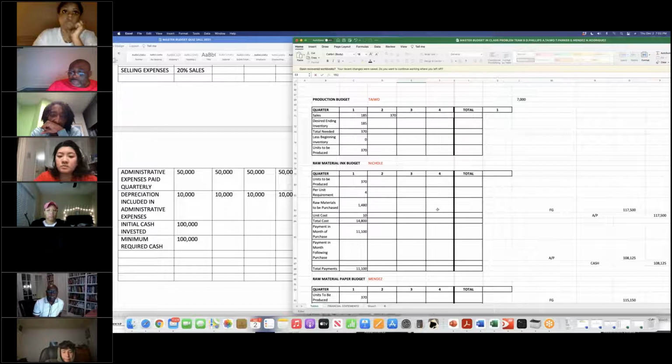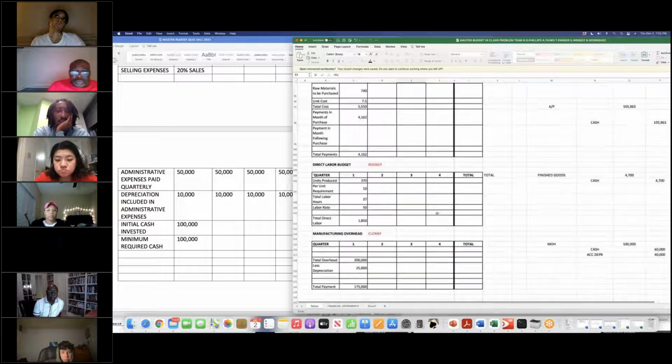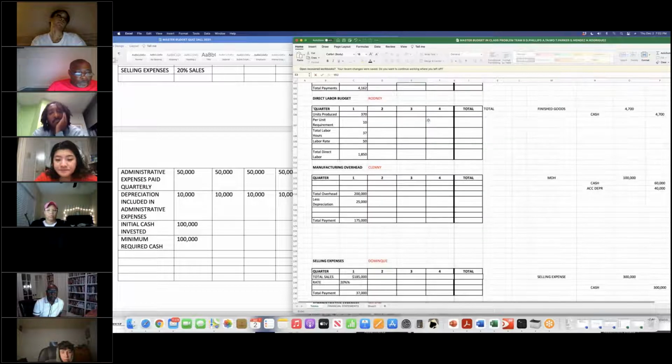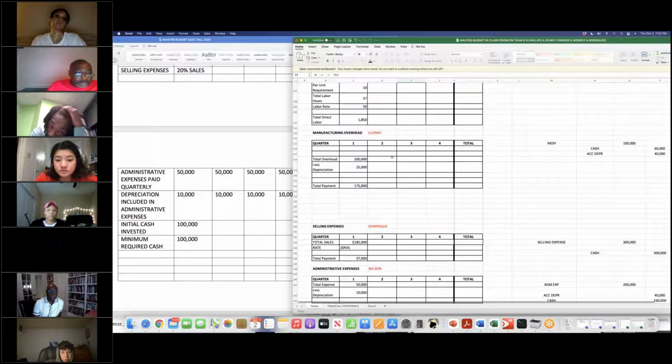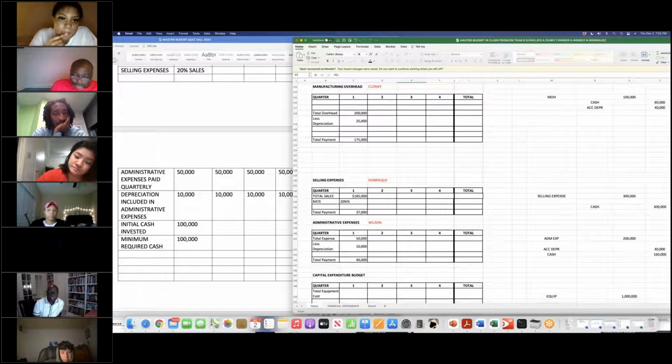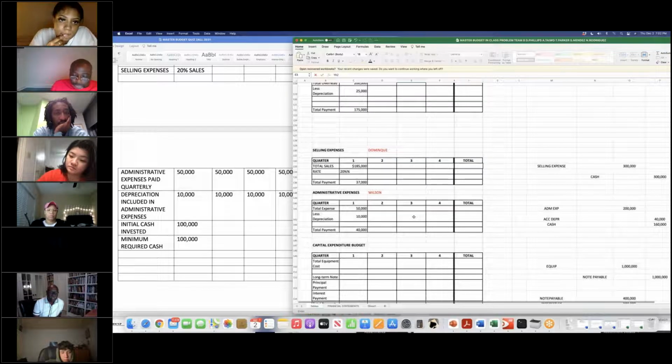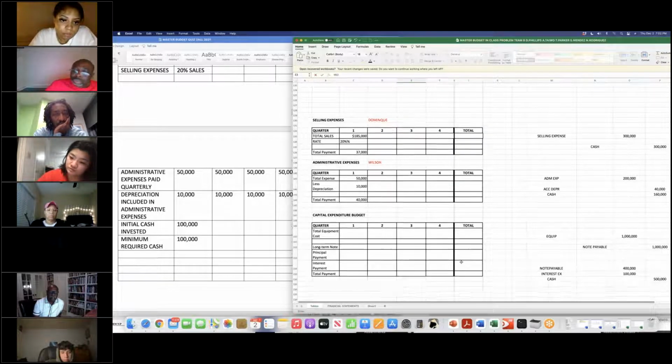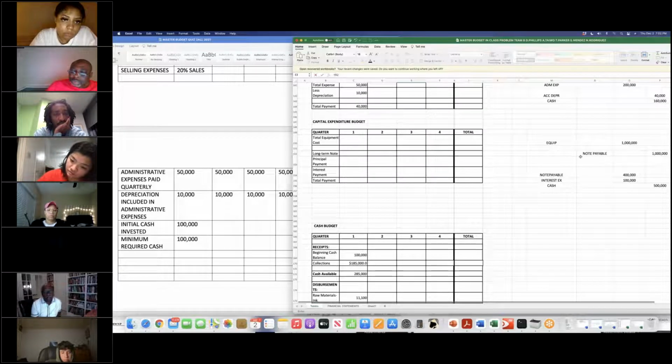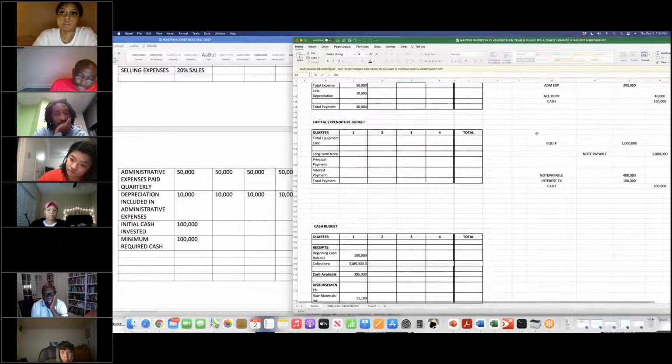All of this other stuff would be going forward each year. The overheads, if you kept your overhead the same, whatever you have here is going to be here. Selling expense is going to change because it's variable, but administrative expense and capital expenditure, all of those are the same. So as you work those, most of those budgets stay the same.